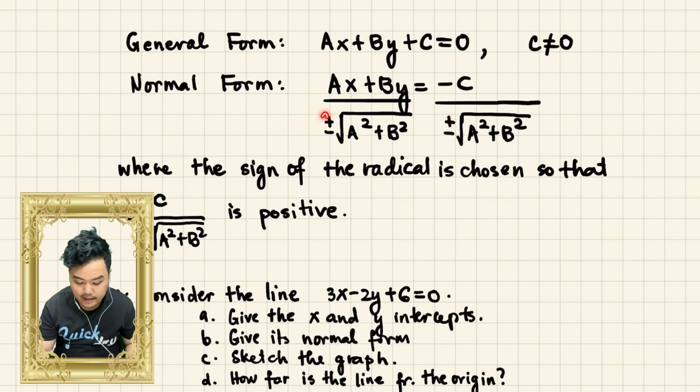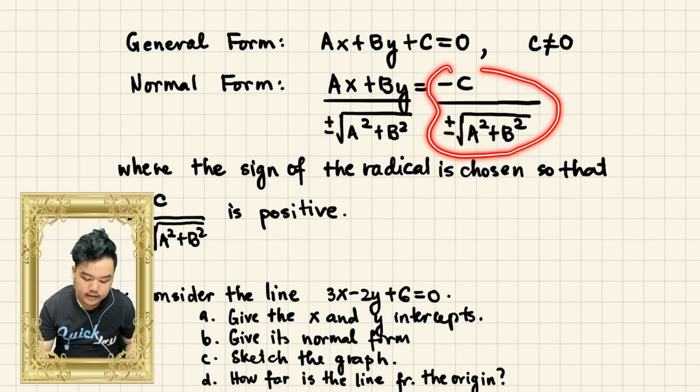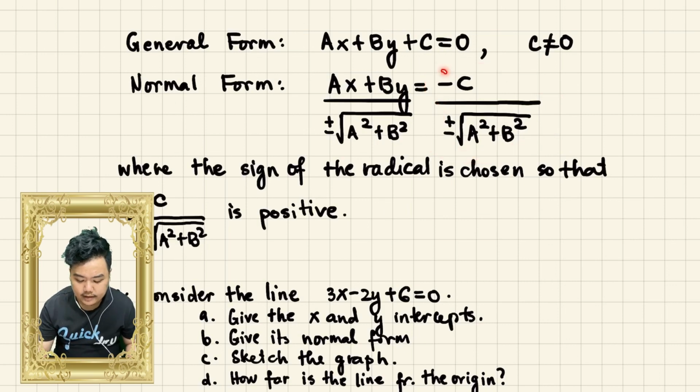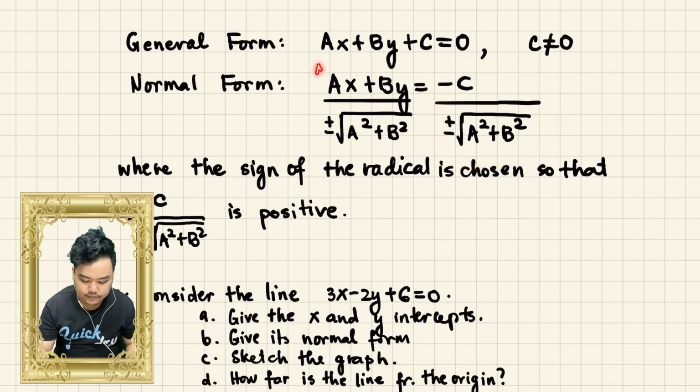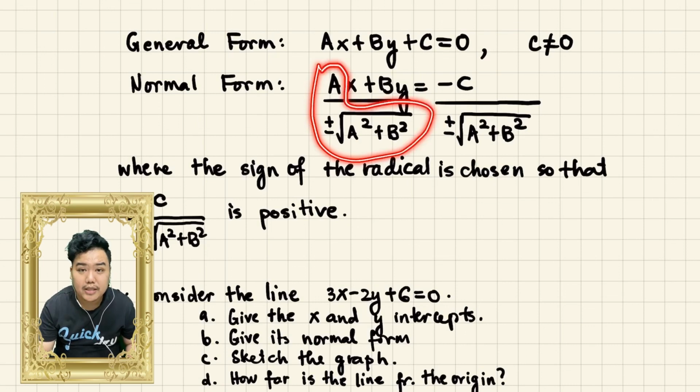So, it's either parehang positive or parehang negative such that this constant is positive. Bakit? Kasi itong constant na to, yung positive constant na yun will become yung rho, yung distance ng line mo sa origin. And this part is cosine alpha, sine alpha.